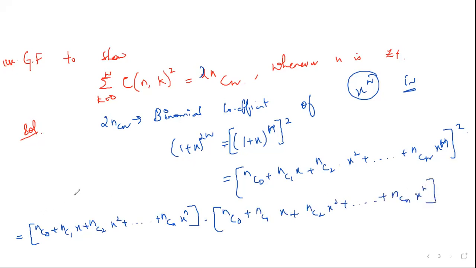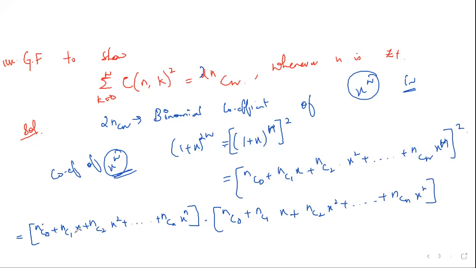Now, what do we want? We want the coefficient of x power n. What is the coefficient of x power n? It will be given as nC0 if we multiply it with nCn. What is the exponent for x, or the power of x? It is x power n.